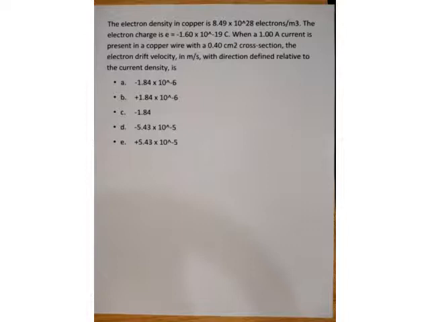When a 1 ampere current is present in a copper wire with 0.4 cm squared cross-section, the electron drift velocity in meters per second with direction defined relative to the current density is. So, hinahanap natin is yung drift speed or drift velocity. Drift velocity pala. So, drift velocity yung hinahanap natin.